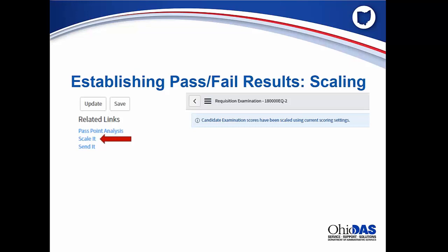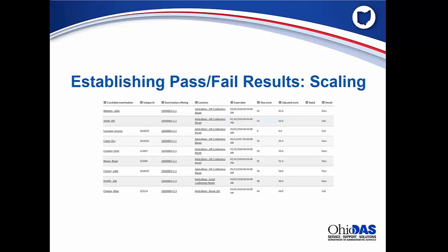This basically just means that their adjusted score for that assessment has been produced. And so here we see all of the candidates who have raw scores, now adjusted scores, and their pass-fail results after scaling it. And we're ready to rank the passed candidates, but if we choose not to rank, that's fine.